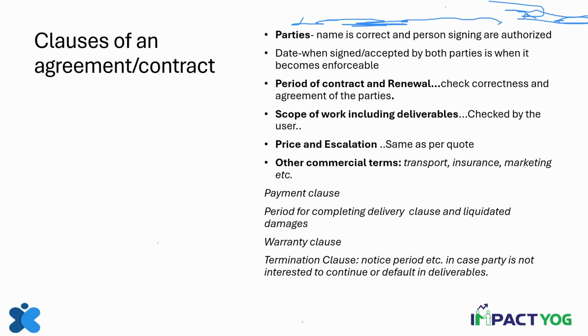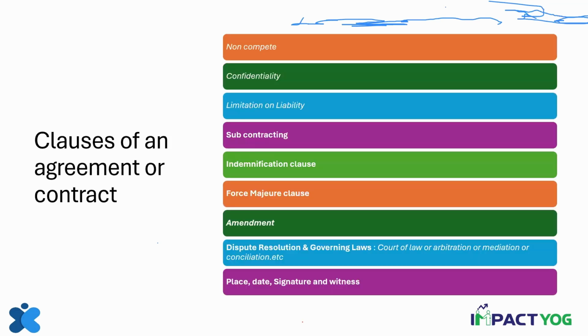Period for completing delivery, warranty clause if you are purchasing a product which has warranty. What will be the termination clause in case we have to terminate because of anything which is outside our control or any default by any of the parties? What is non-compete? Non-compete means that you will not compete with any other particular person.